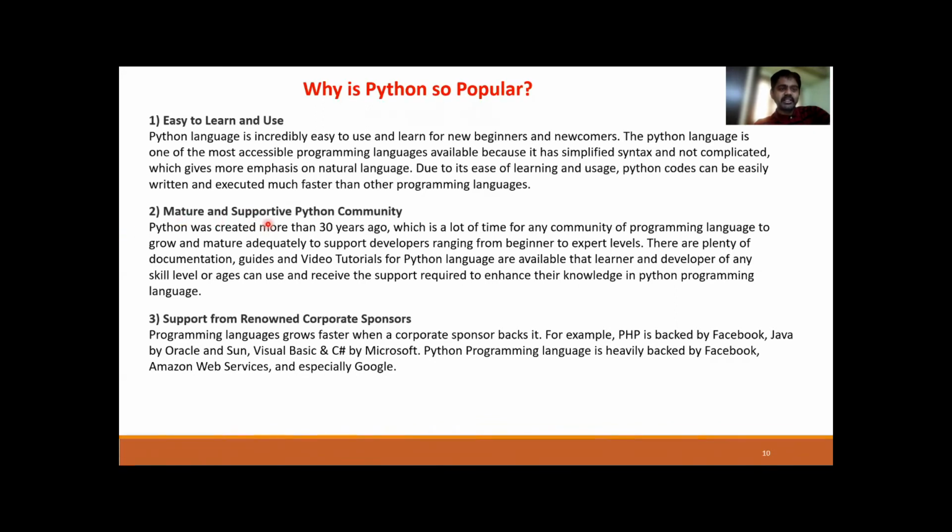The second one is a mature and supportive Python community. Python was created more than 30 years ago, which is a lot of time for a programming language community to grow and mature adequately to support developers, ranging from beginners to expert levels.